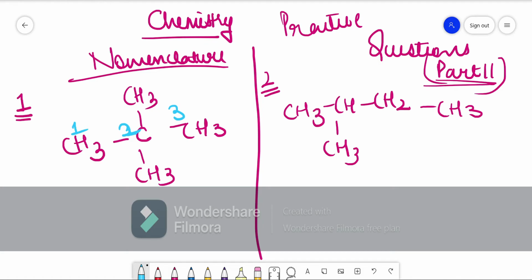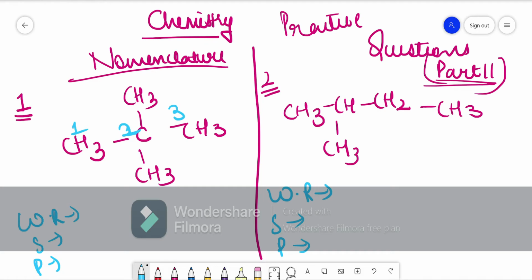So you have three things that you have to find out: word root, suffix, and prefix, as I told you in my previous videos as well. If you want to score well in nomenclature, the very important thing is that you first divide the IUPAC name into three parts.